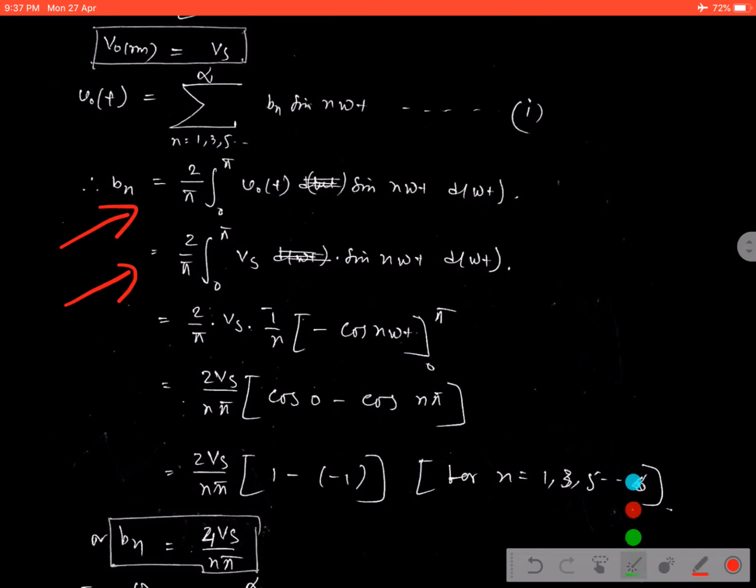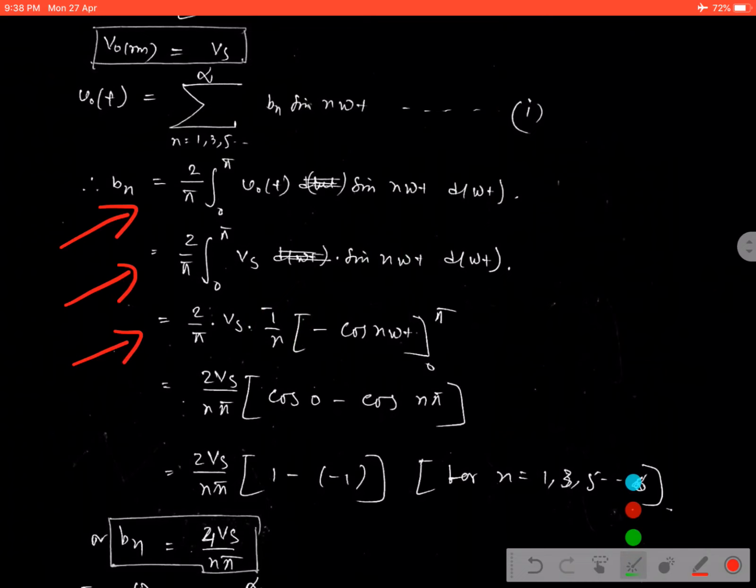Then after simplification, we know the integration of sin n omega t is minus cos n omega t, and integrating with n will give you 1 by n. The equation will change to the new form, that is 2 by pi Vs 1 by n, in brackets minus cos n omega t, 0 to pi.